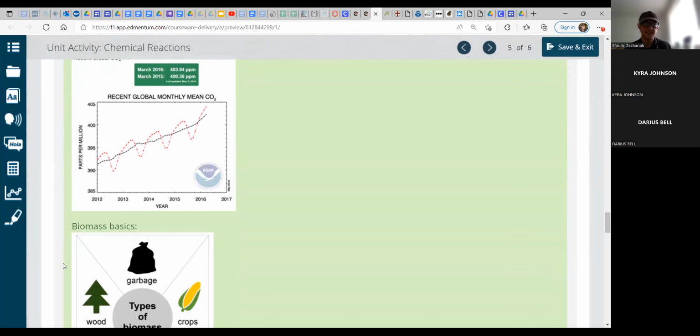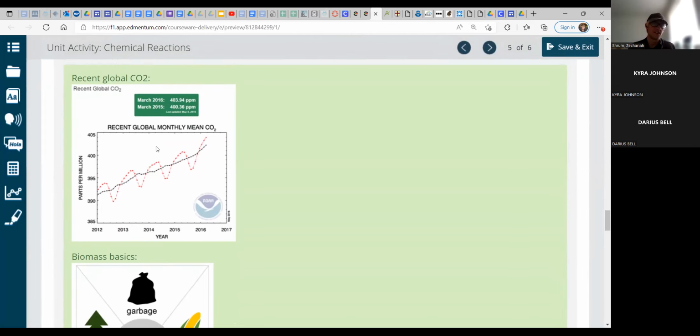So here are some examples. This one's about the CO2, the recent global monthly mean of CO2. So they're averaging out CO2 monthly across the globe. And as you see, it's increasing.